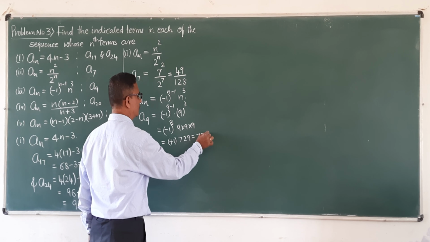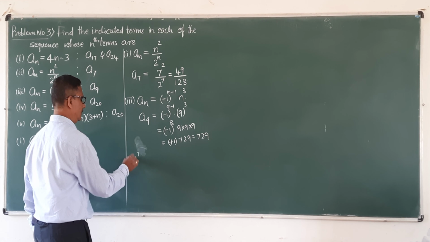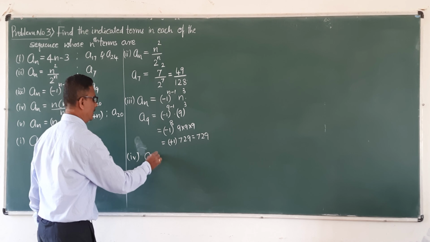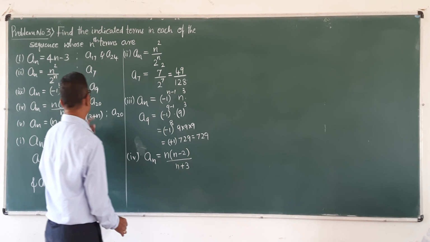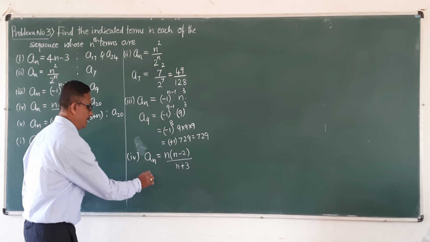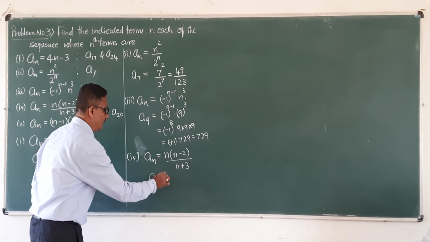So that equals 729 into 1, that is 729. Whereas the fourth one, nth term is given: An is equal to n into bracket (n minus 2) divided by (n plus 3). Find A20. Put n equal to 20: 20 into (20 minus 2) divided by (20 plus 3).